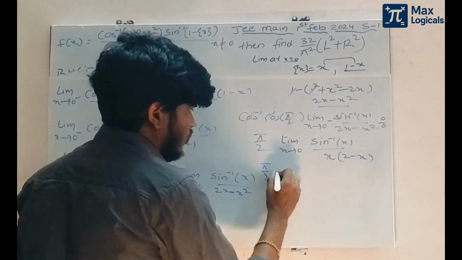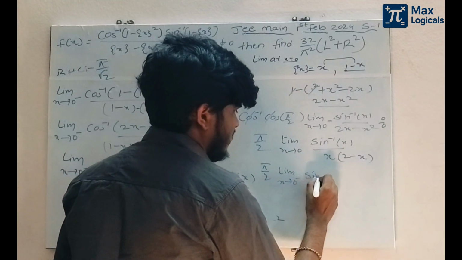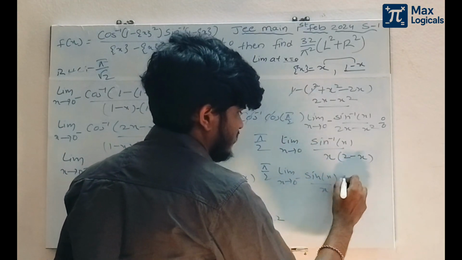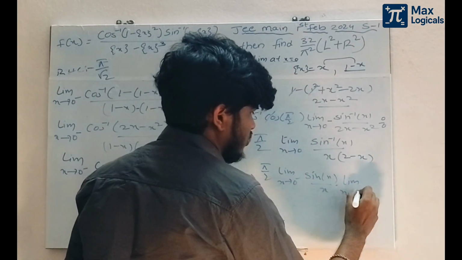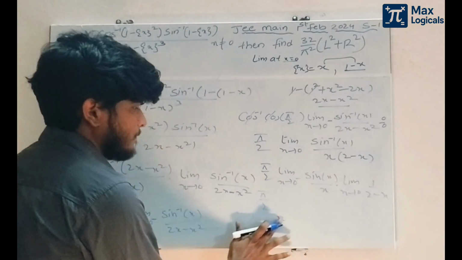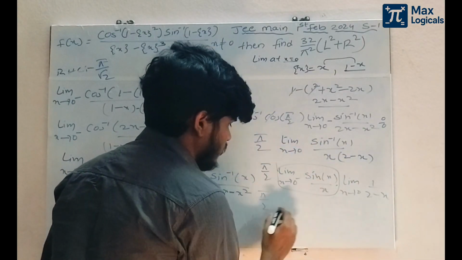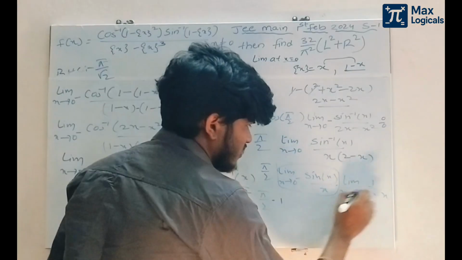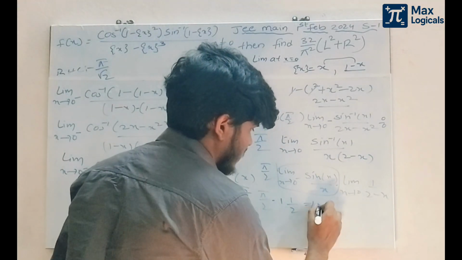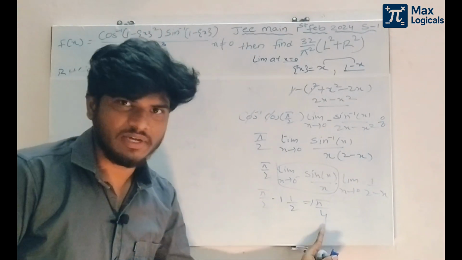So pi by 2, limit x tends to 0 minus of sin inverse of x by x, limit x tends to 0 of 1 by 2 minus x. What is the value of this? That is 1. And what is the value of this? 1 by 2. That is pi by 4. Okay, the left hand limit is pi by 4.